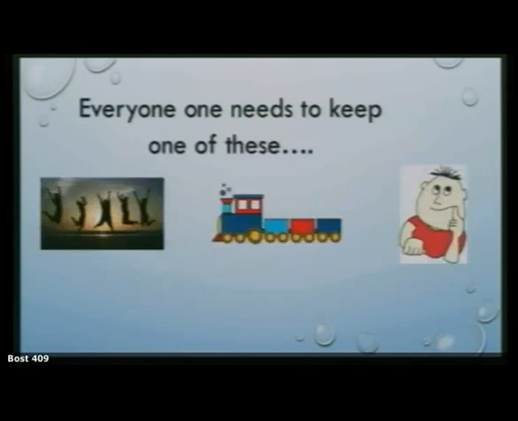Everyone needs one of these. They need to keep it in one instance or another. You need to keep a youthful train of thought. You are not 12 anymore, but you need to try and understand what's going on in that 12-year-old's mind.